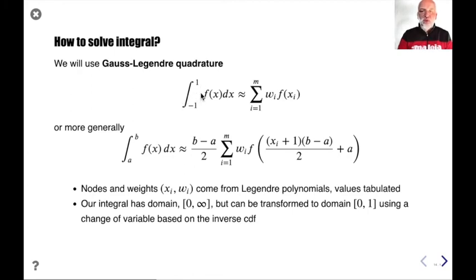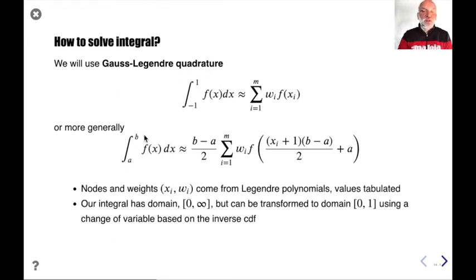Whereas you would have weighting functions for other quadrature rules, like Gauss-Hermite, Gauss-Laguerre, and so on. So this is kind of close to what we want, except that the limits are not the right ones. Our limits are going from 0 all the way up to infinity. So how do we transform the problem so that we can solve it in this form?